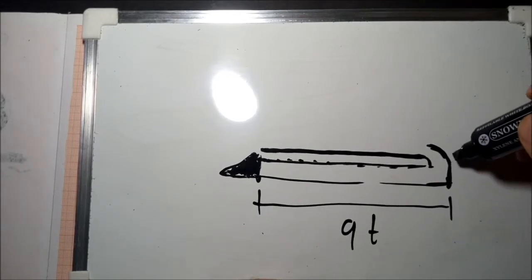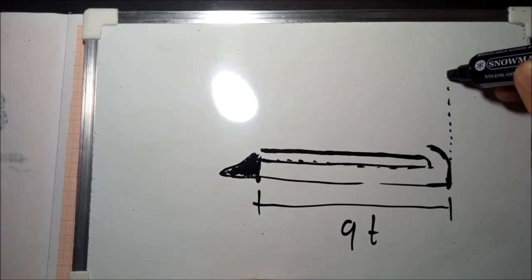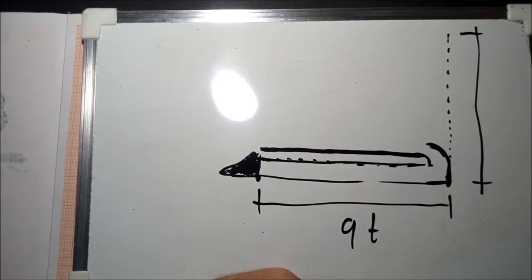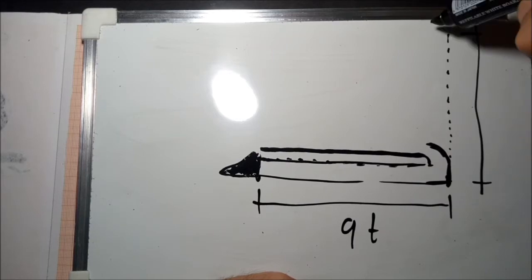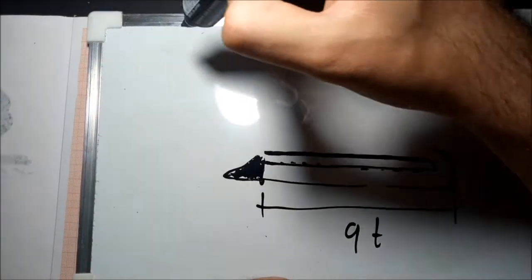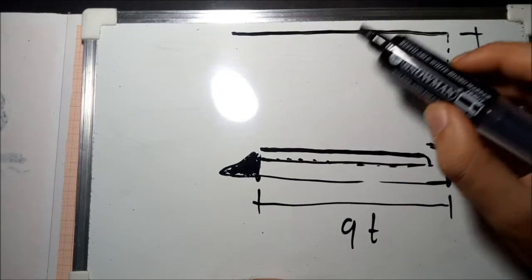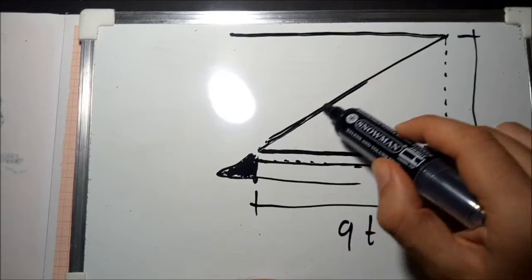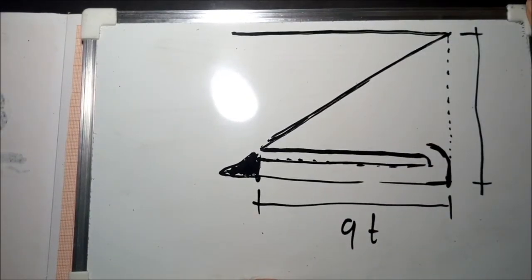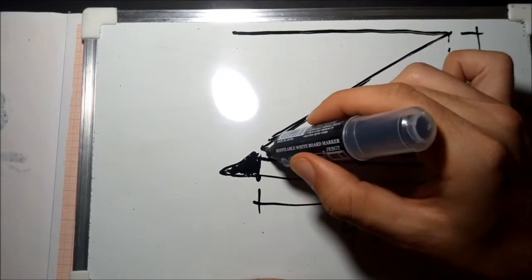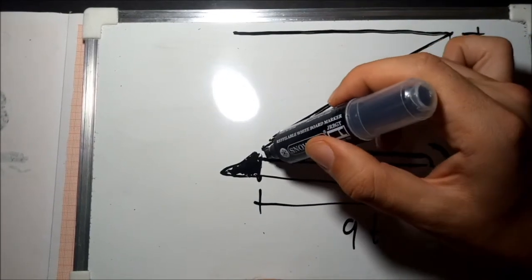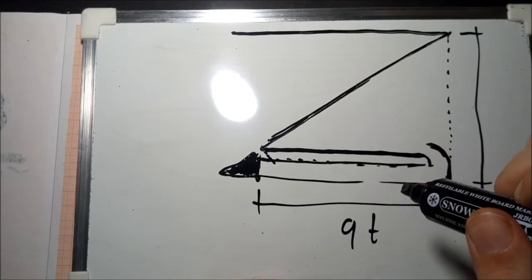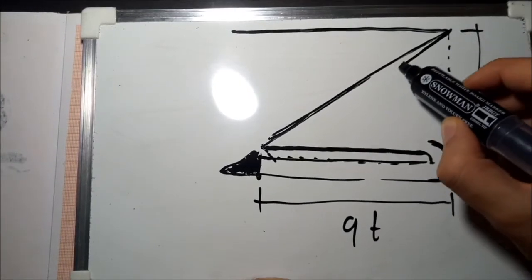Now from here we're going to take a line all the way to the top, the maximum height. This line is quite important for us because this dot will connect all the way to this dot, just like this. Now from this point we are going to take a 90-degree line, just like that, and connect it to this point.